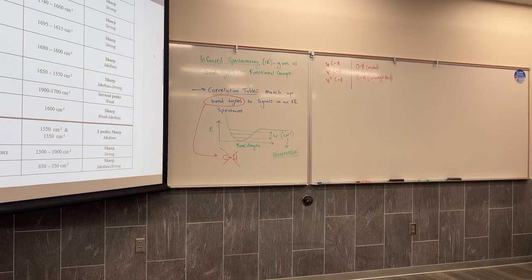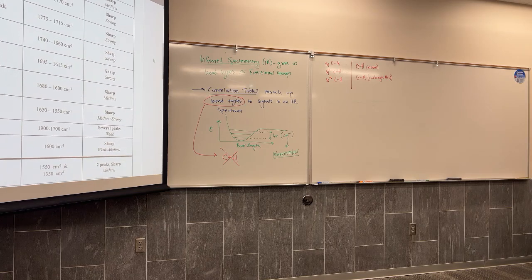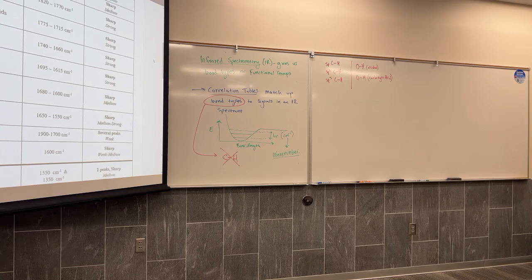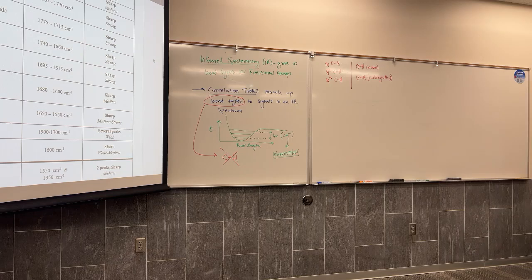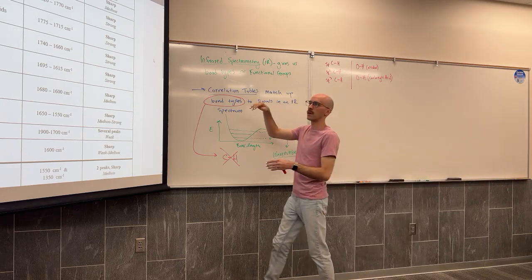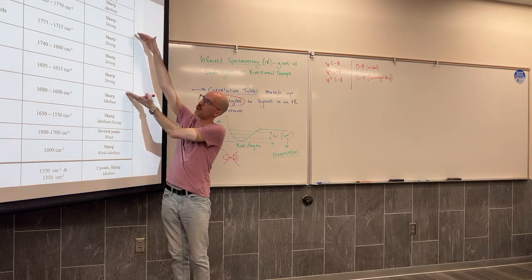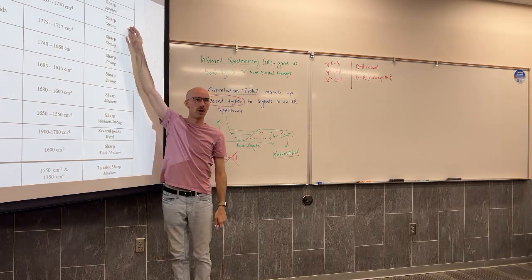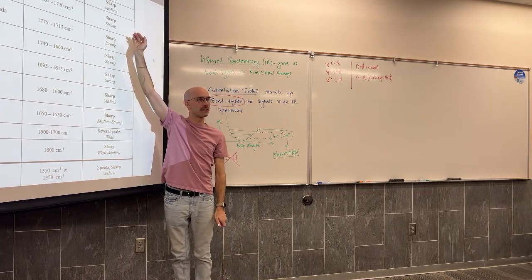But you'll notice on the correlation table that not every bond type is unique enough from other bond types. There's this region here in the middle of the correlation table that has all of our carbonyls, all of the CO double bonds.